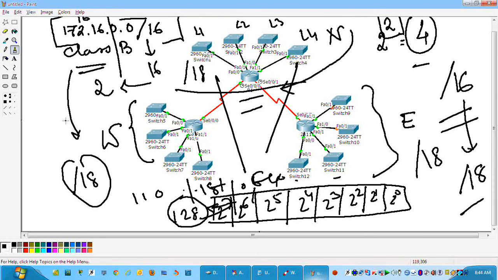Now you have to choose which IP addresses and which subnets you will be using. So for example, I am using /0.0/18 in this case. This subnet I can consider here.